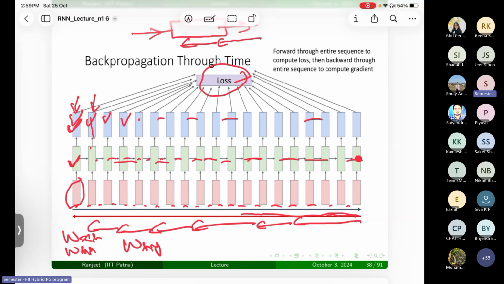Now the thing is, it's not an easy process. Why? Because one thing is that it's a time consuming process. Suppose I have given you this book, the Cormen book, that is the algorithm book. A huge number of pages are there in that book, and a lot of sentences.